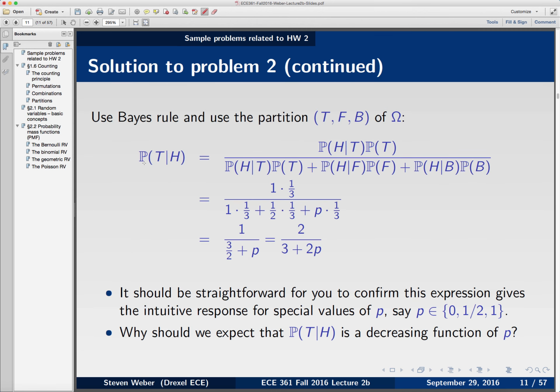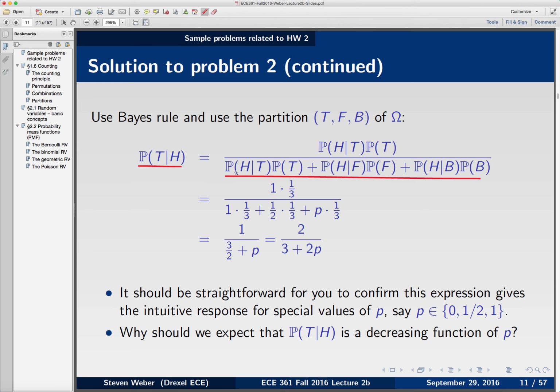All right, what we want is the probability of the two-headed coin given that the coin is a head. By Bayes' rule, that's the probability of a head, given that we use the two-headed coin, times the probability of the two-headed coin, all over the probability of a head. But the probability of a head can be expressed using the total law of probability as done here.